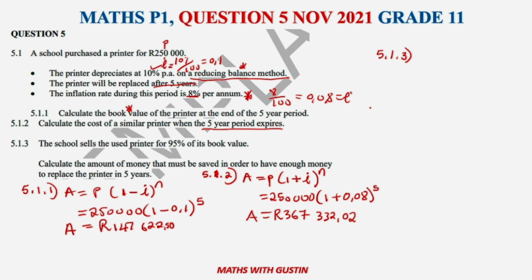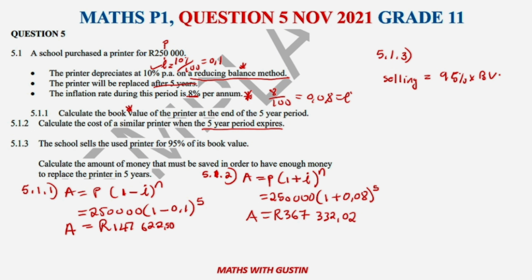It means we need to calculate the money they're going to get from the old machine. From that book value, they say they are selling it at 95%. So you must see 95% times the book value.